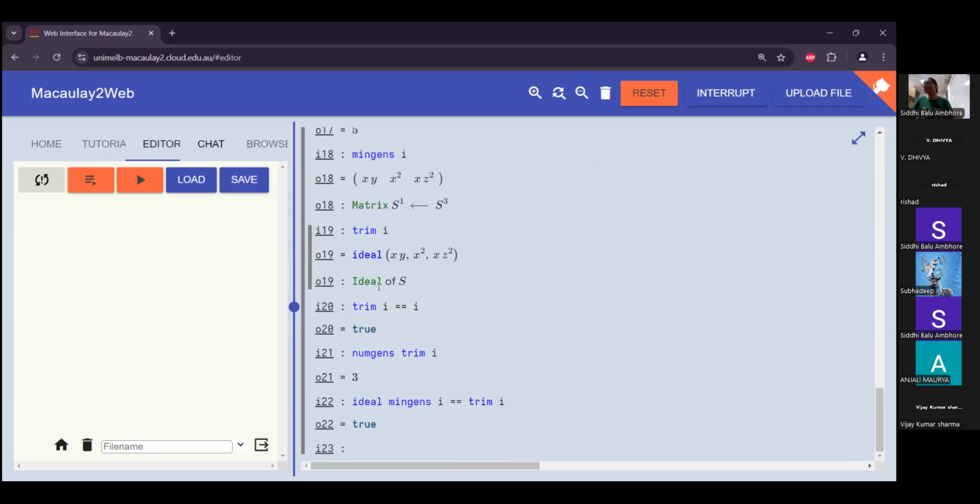I hope this is okay. These are just some functions in Macaulay 2 to check the minimal generators and number of generators, and you can use them to find the required information which you need.